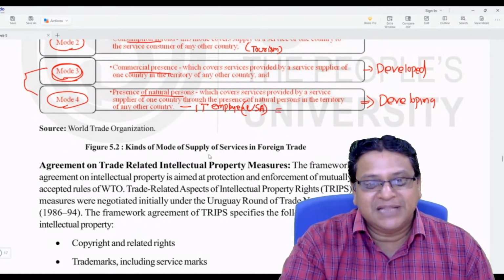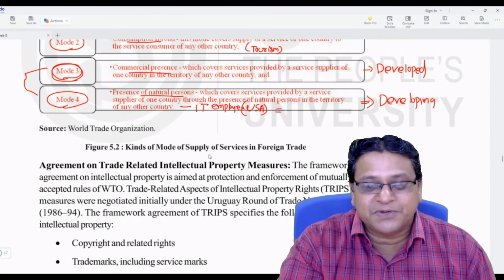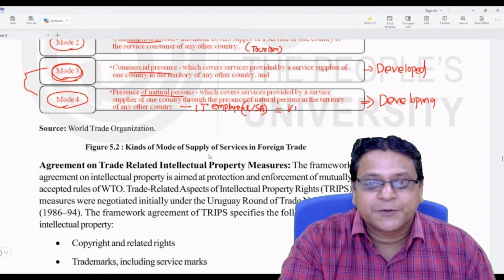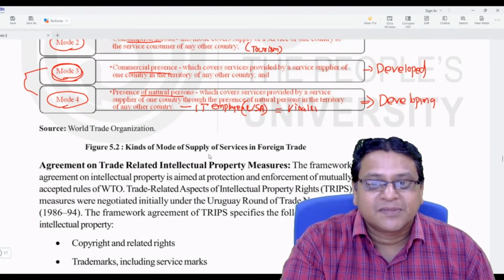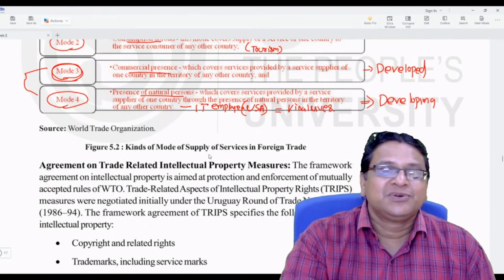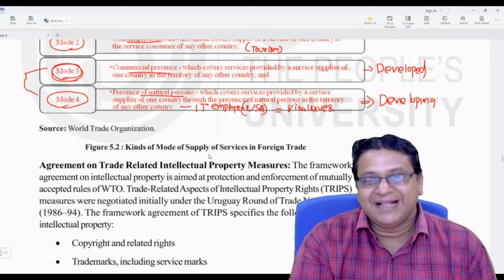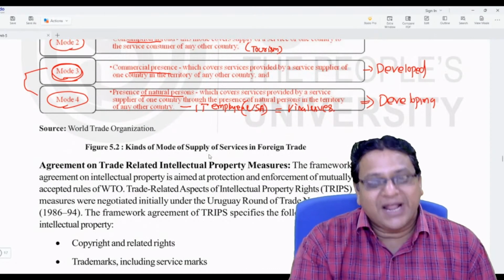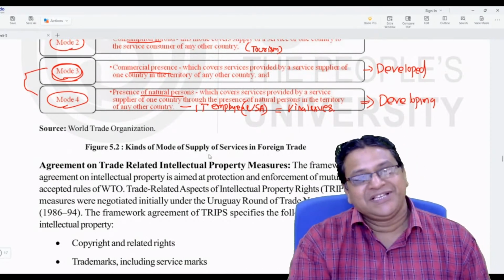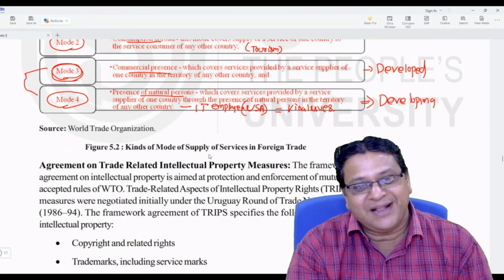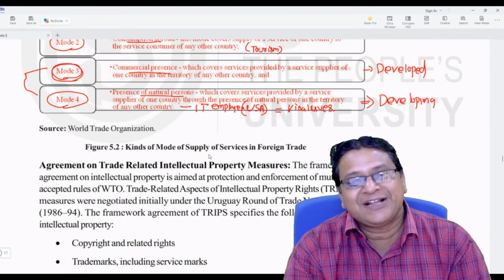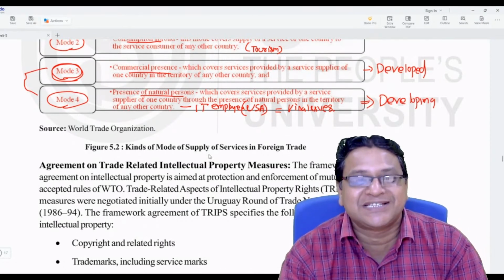Mode 4 means presence of natural persons, that is, visa issues. We want USA to liberalize visas so more and more people from India can go to the US, work there and provide service. US companies and the US government want us to provide commercial presence to their institutions.